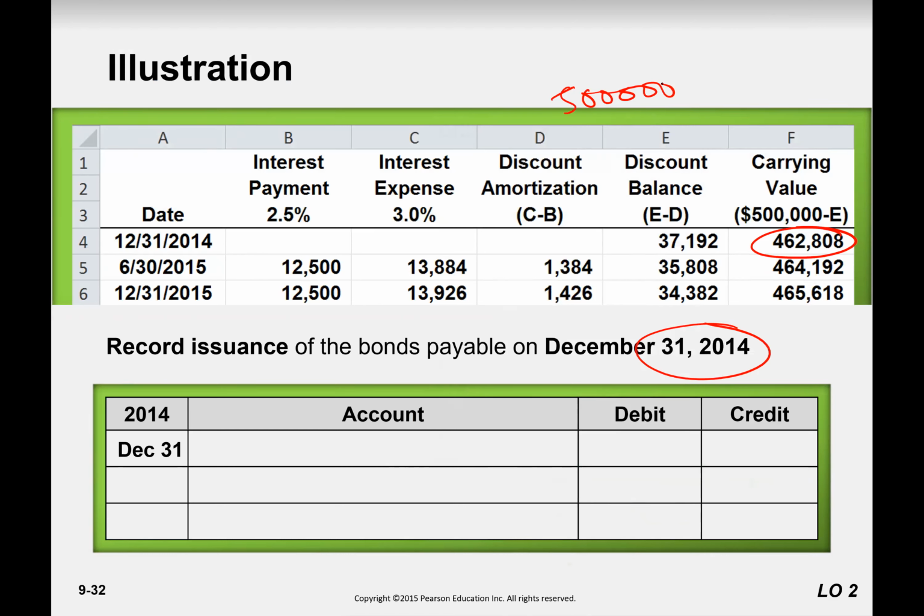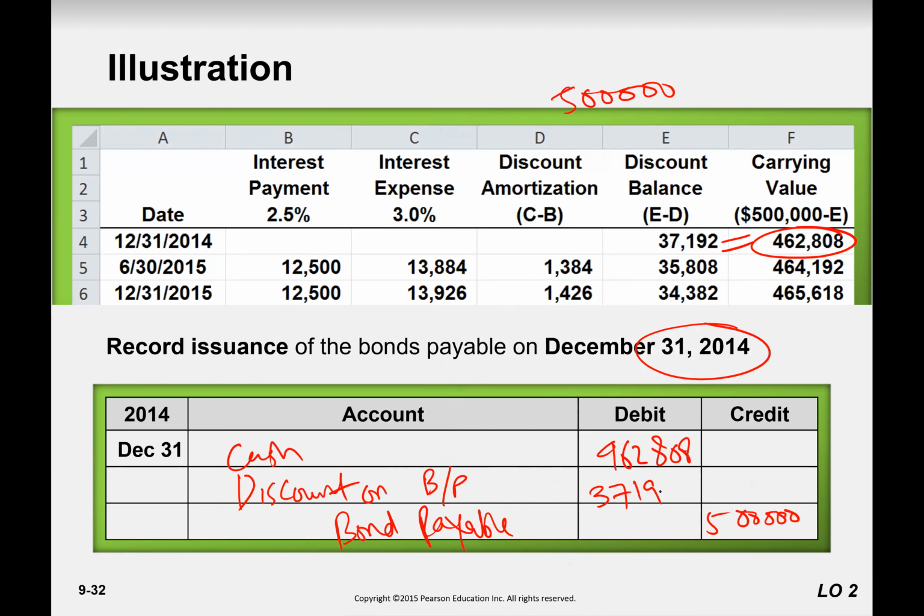So when you issue the bond, you receive cash, cash increases, debit 462,808, and your liability, bonds payable, is 500,000, and you have discount on bonds payable, which is 37,192, which is the difference between cash received and your obligation. In that case, your entry is now complete.